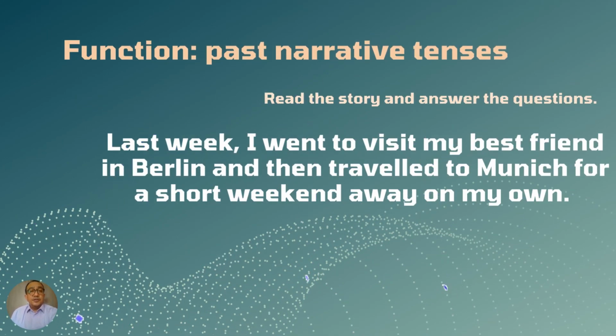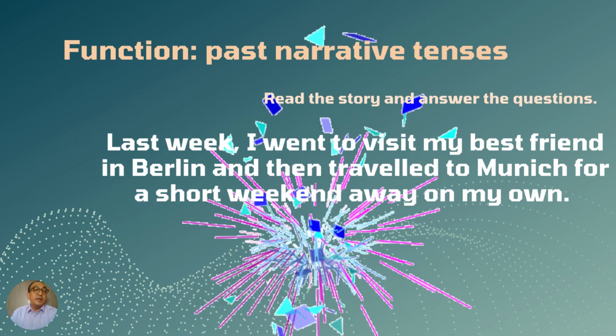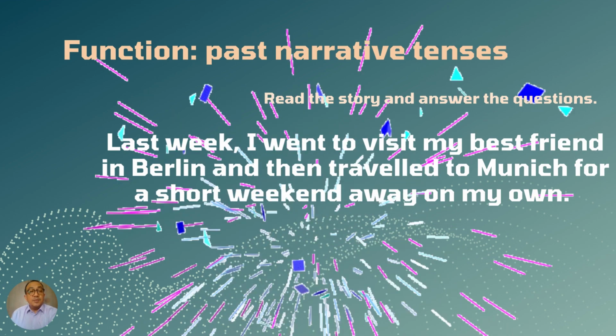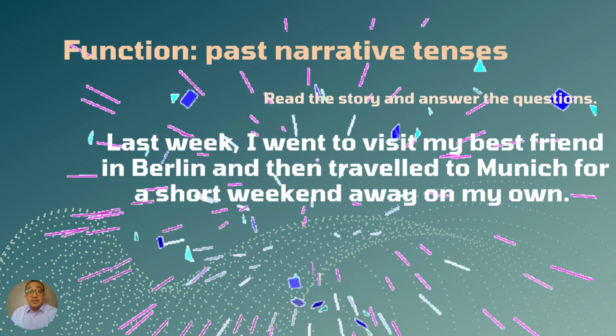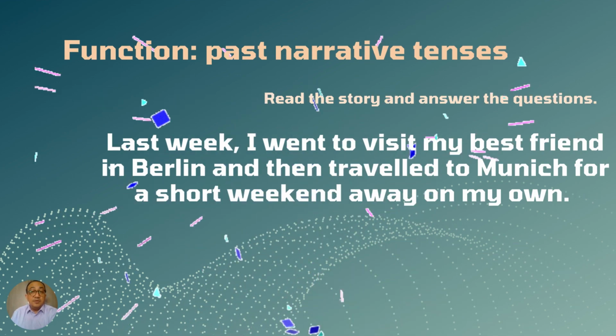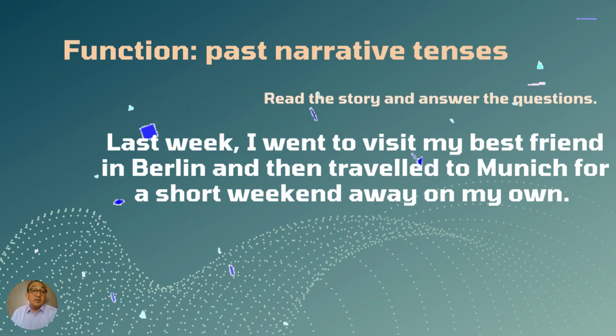What are the functions? We will understand the functions by reading and analyzing the context of one sentence, another context, and after that we combine the three contexts of the sentence. This is context number one. Last week, I went to visit my best friend in Berlin and then traveled to Munich for a short weekend away on my own.